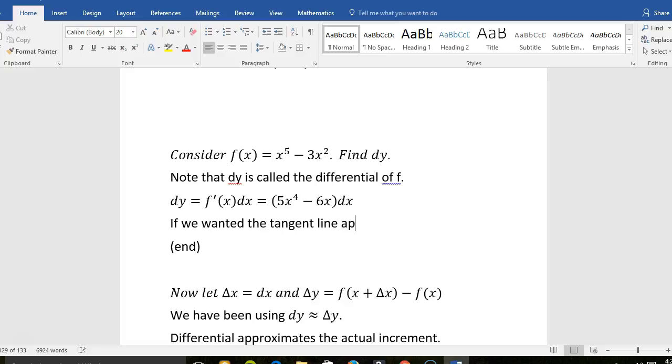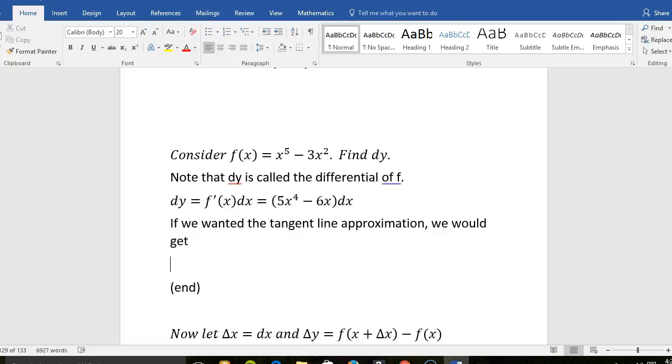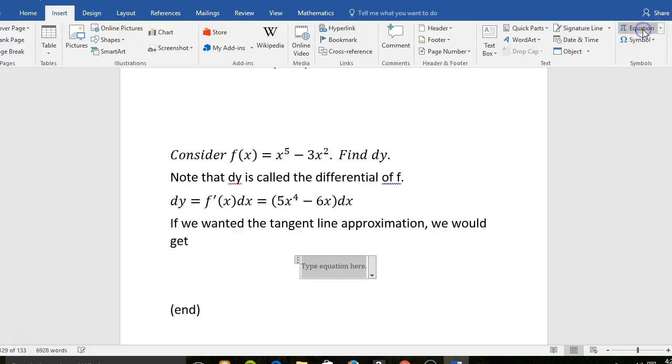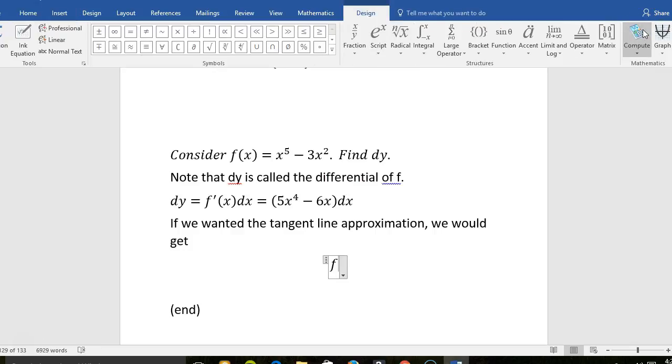Now, if we wanted the tangent line approximation, we would get, well, what would we get? Now the real McCoy is f of x plus delta x.